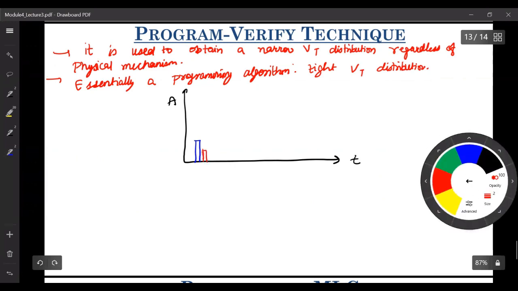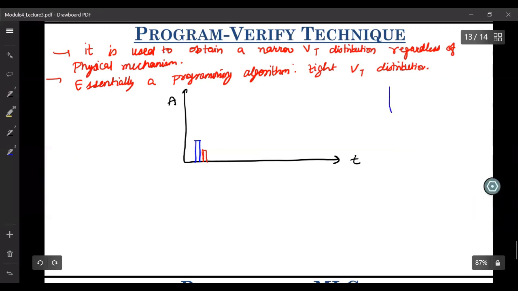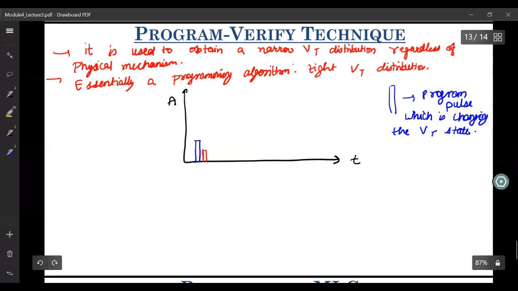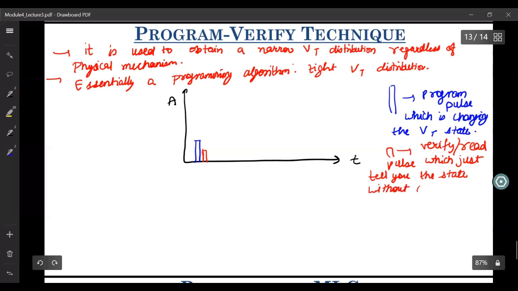Let me write that this is your program pulse, which is changing the VT state, and the ones shown in red are verify, also known as read pulses, which just tell you the state without changing it.